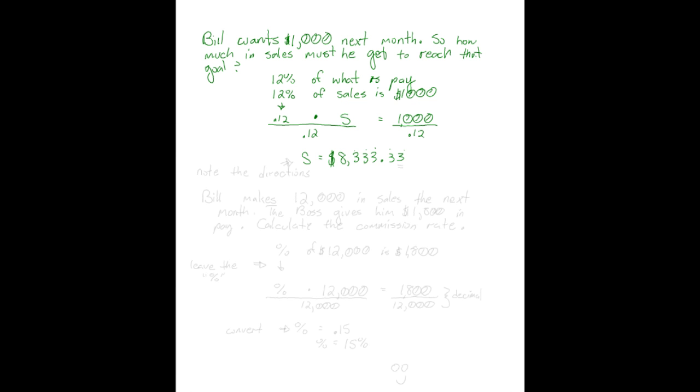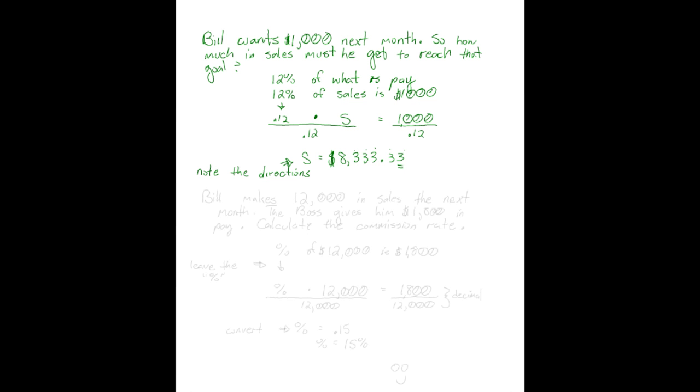So do look at the directions, right? Note the directions in problems like this, because sometimes it'll say nearest whole dollar, nearest cent. Think about what makes sense in the context of the problem. Here it wouldn't make any sense to go past the hundredths place, because we don't have a denomination of money smaller than that.